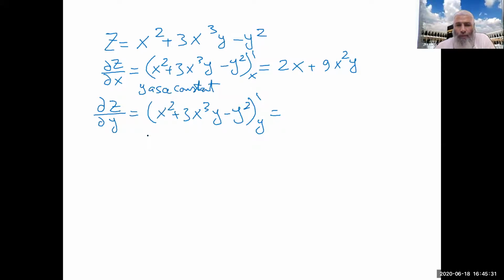Here we treat x as a constant, so the derivative of the constant x squared is 0. Now 3x cubed y: it would be 3x cubed, because the derivative of y is 1. Minus the derivative of y squared with respect to y, which is 2y. That's it. This is the answer.